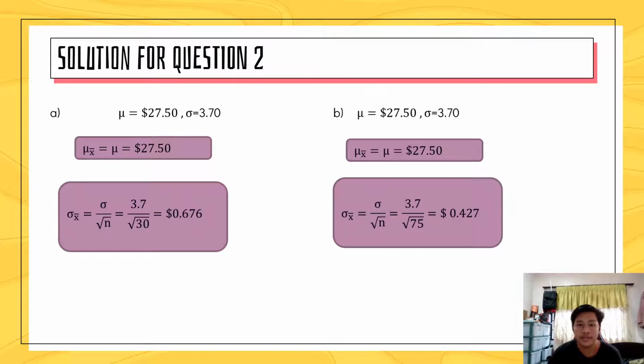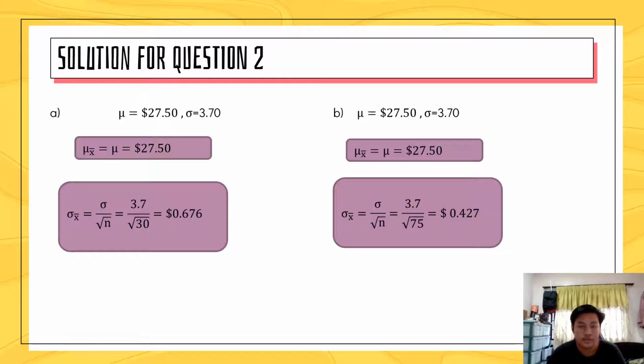And then for B, we have the same mean and standard deviation, so the answer for the mean of the sample mean is the same as A, but the standard deviation of the sample mean is different because the n sample is 75. So after doing this formula, we will get that the standard deviation of the sample mean is $0.427.